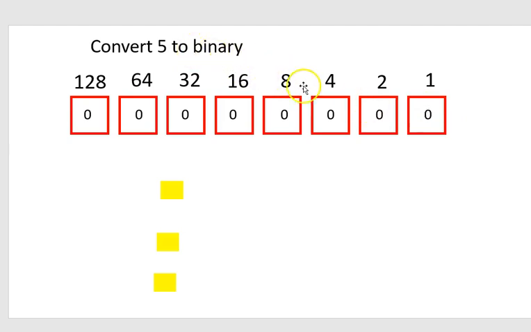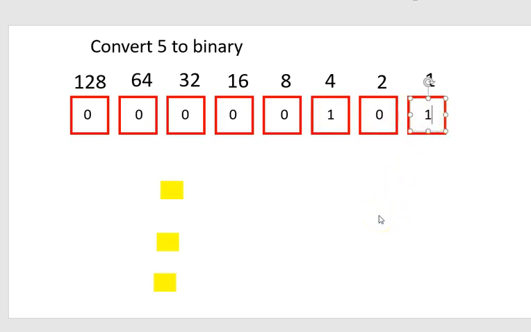So if I start with 5, obviously I've got a 4 in there with a remainder of 1. I don't have an 8 in there because that's too big, so I can go to my largest number that will actually subtract from 5, and that's 4, and that means I've certainly got one group of 4 in that binary number. Now my remainder when I take 4 away from 5 is 1. I don't have enough to have a group of 2. I only have enough to have a group of 1.